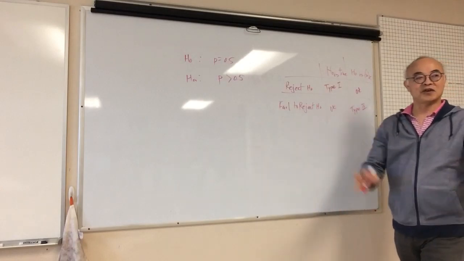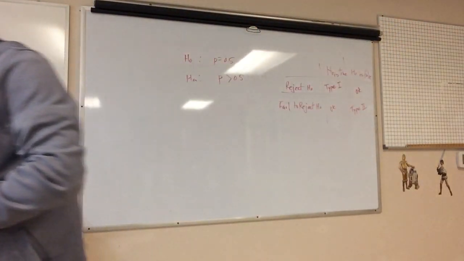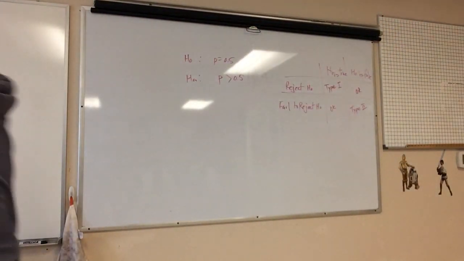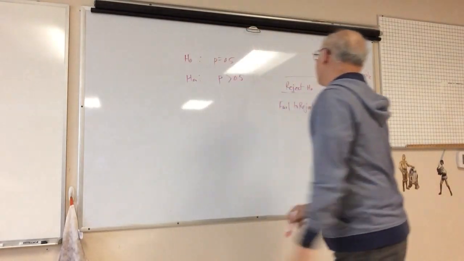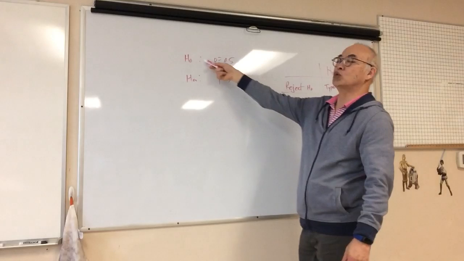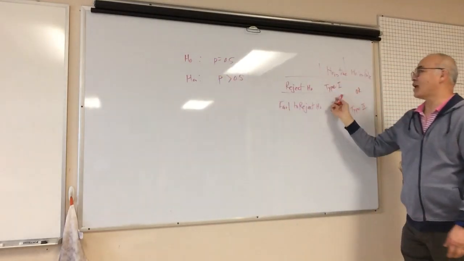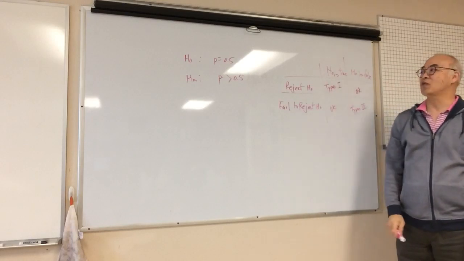So this is a little bit ambiguous, so let's see what happens. What's a type 1 error in our terms here? A type 1 error would be H0 is true but I reject H0.